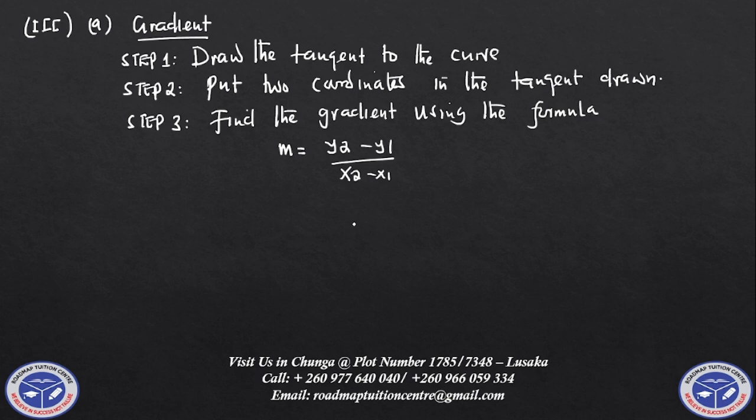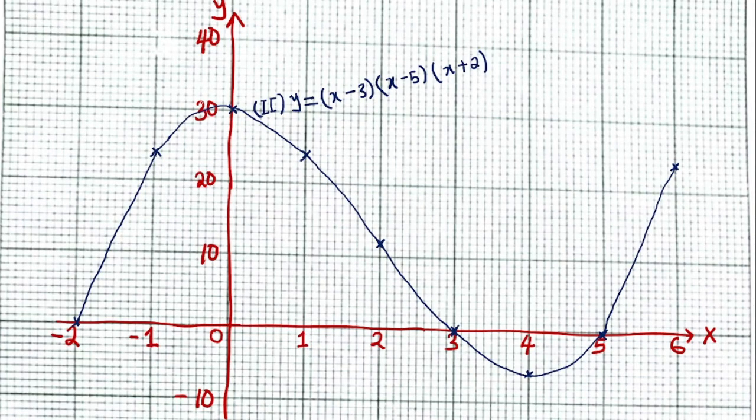So let us draw our tangent at the point where x is equal to -1 and y is equal to 24, which is this one here. Now, we will draw a tangent, and that tangent is supposed to pass through this curve here. It's not supposed to touch the curve at 2 points.